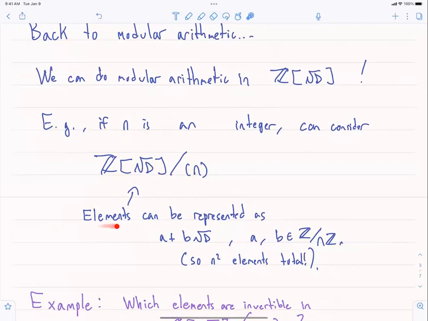And so any element in here can be represented as something of the form a plus b√d, where both a and b are in Z mod nZ. So in particular, there are n squared elements in this ring, just from the n choices for a and the n choices for b.